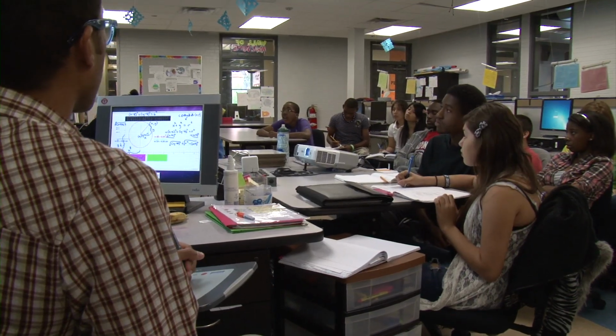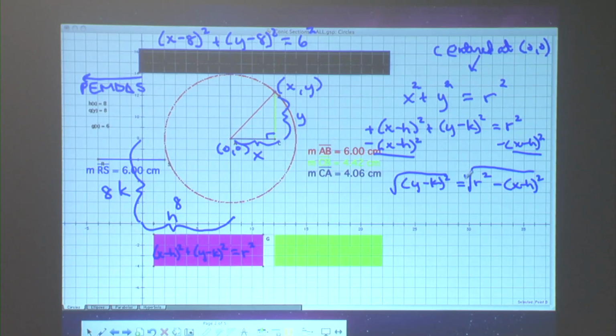Okay, here's the thing. When you're taking the square root, it could be positive or it could be negative. Okay? The reason I'm not writing it on this side is because you're taking the square root of just one thing squared. It's going to get rid of that squared. When you squared it, this one unit right here is going to be positive, because a negative times a negative is positive, and a positive times a positive is positive.